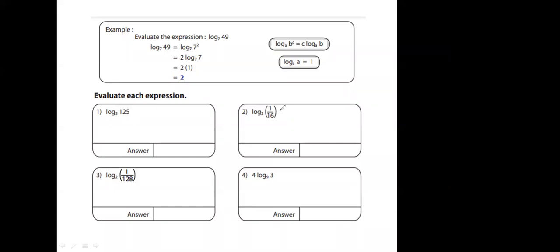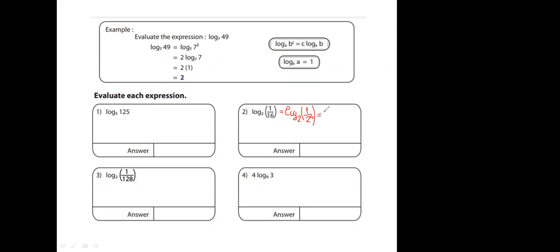Okay, let's solve this one. I can write logarithm base 2 of 1 over 16. In order to get 16, how many 2s do we have? 2 times 2 is 4, times 2 is 8, times 2 is 16. So we need four 2s.